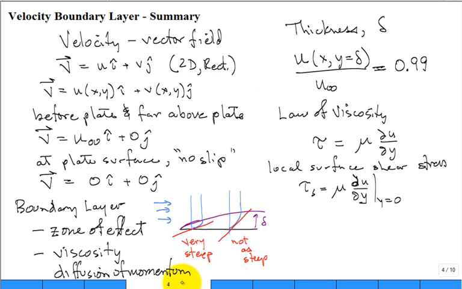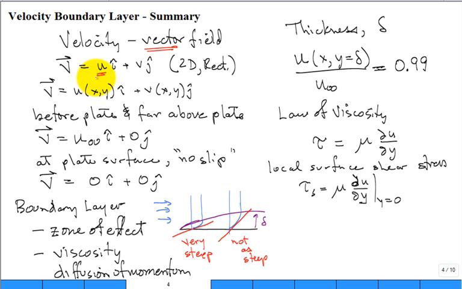Let's just summarize what we just talked about for the velocity boundary layer. Velocity is what type of field? It's a vector field, which means I can think about V is equal to something I plus something J. The notation is standard throughout a lot of engineering literature.